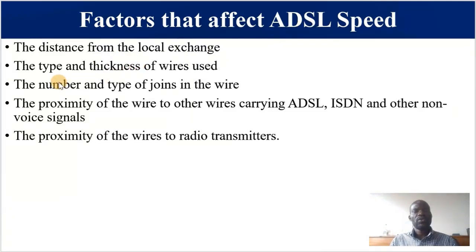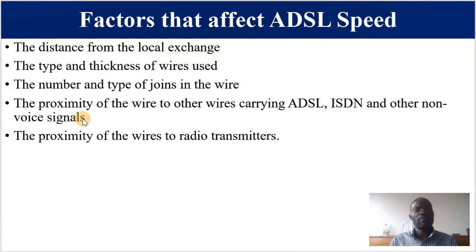And also the number and the type of joins on the UTP line. We know that any join is a point of power loss. So we are saying the more the joints, and also the type of join, the less the speed, meaning the more the losses. And also interference in any line.